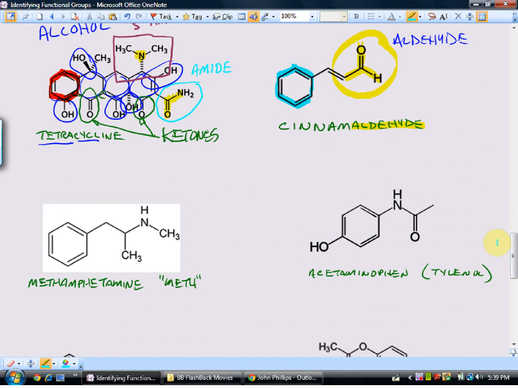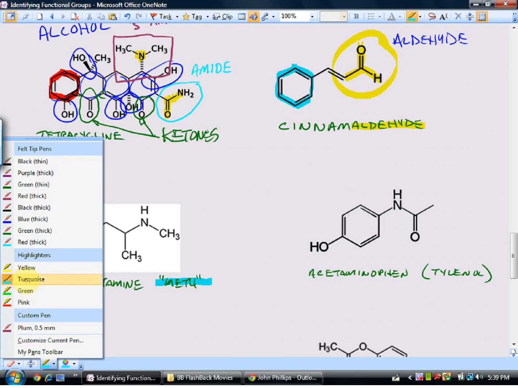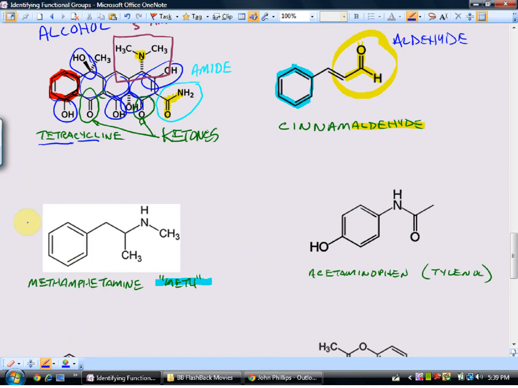Here's a molecule many of you have heard of, a molecule of great abuse, drug problems with this, methamphetamine, more commonly known as meth. Here's the structure of meth, and as we look at meth, first of all, what do we see? The only functional group that we really see is right here, and that is a nitrogen connected to a hydrogen, connected to a carbon, connected to a carbon.